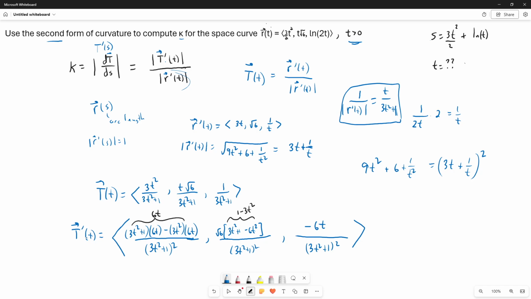Now we need the magnitude of that. So the magnitude of T prime of t is, now the T prime of t, we could just factor this number off at the bottom. So let's do that. So this is 1 over 3t squared plus 1 squared, which is a positive number, so we don't have to take the absolute value of it. And then times the magnitude of the vector 6t, 1 minus 3t squared, minus 6t.